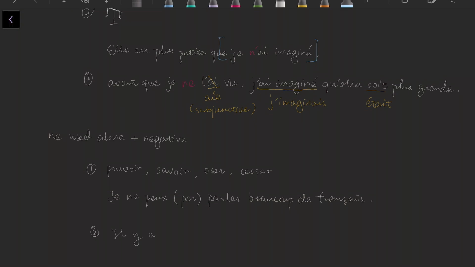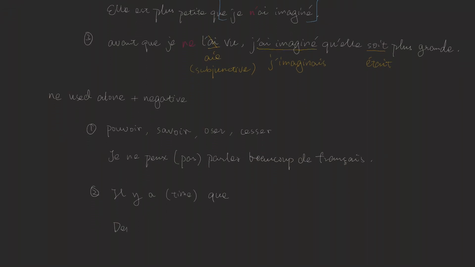For example, you say it's 2 years since something happened, or depuis, since something happened. Since something happened, I haven't done something.